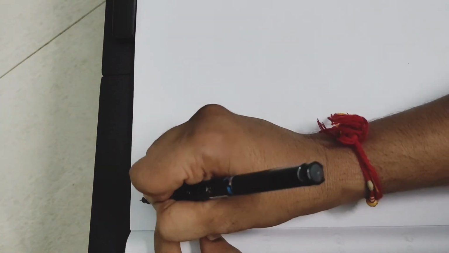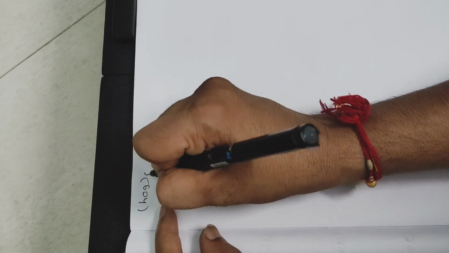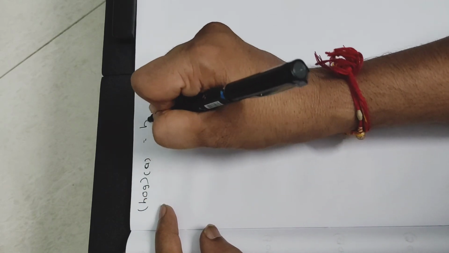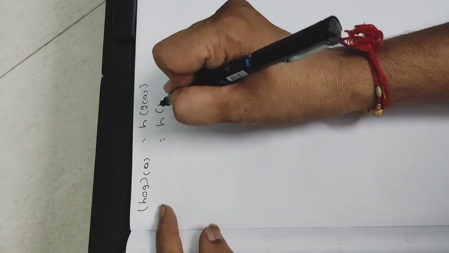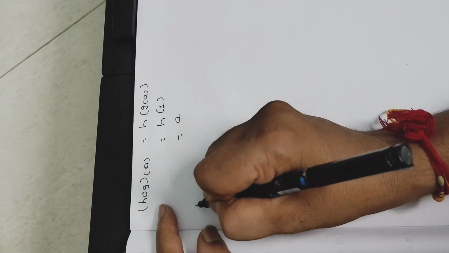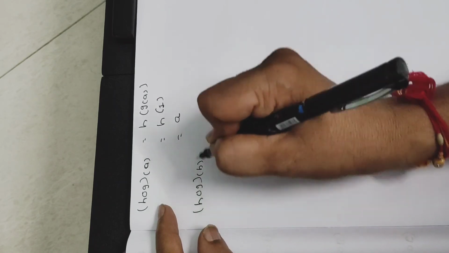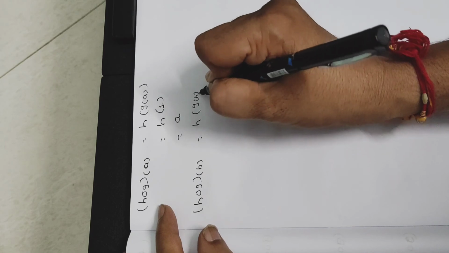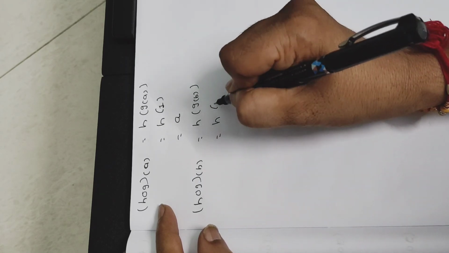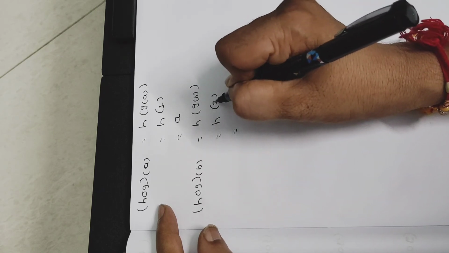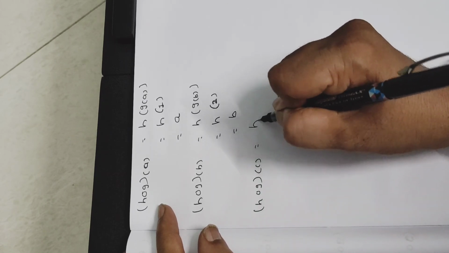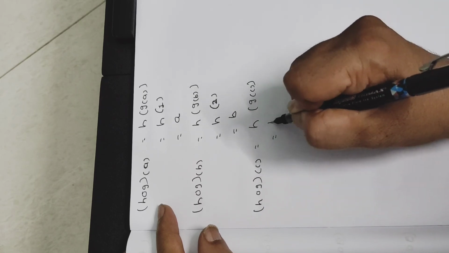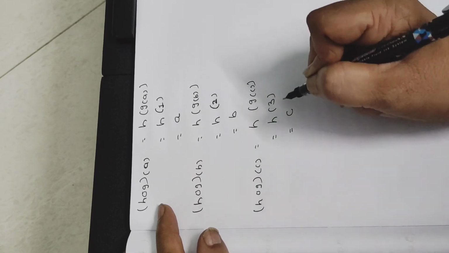Same way, h∘g(A) is h of g(A), g(A) is 1, and h(1) is A. h∘g(B) is h of g(B), that is h(2), which is B. h∘g(C) is h of g(C), that is h(3), so h(3) is C.